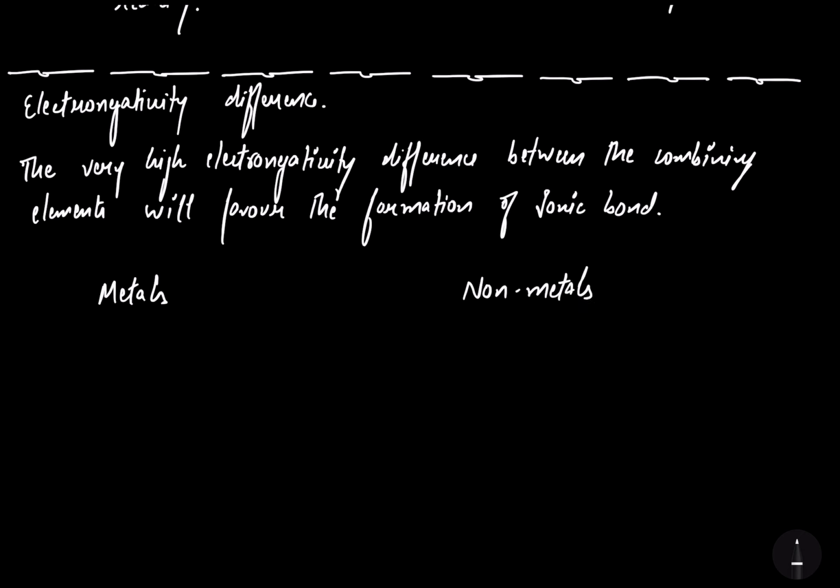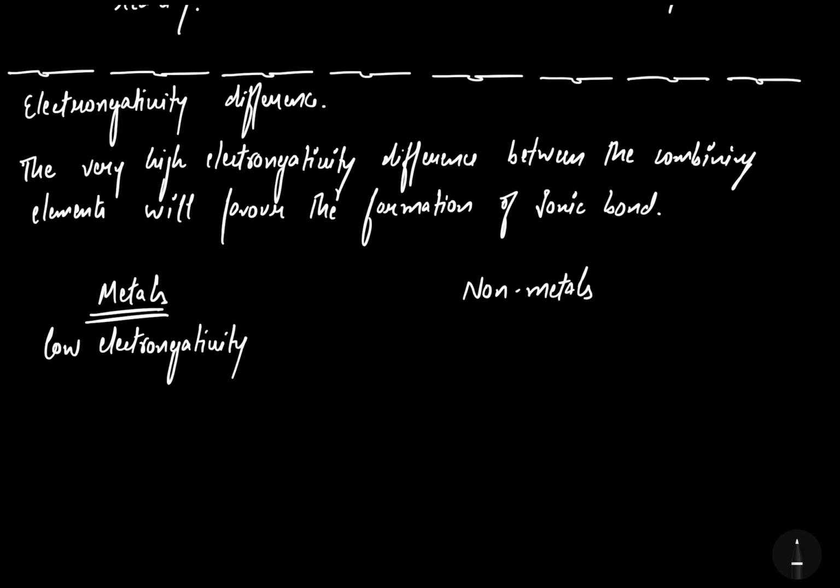What is electronegativity? It is the tendency of an element to attract the shared pair of electrons towards itself, which depends upon the effective nuclear charge. So in case of metal, the electronegativity is very low. I am writing low electronegativity.